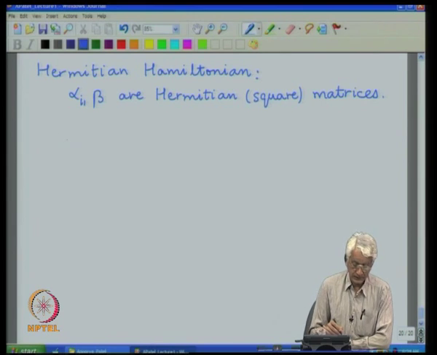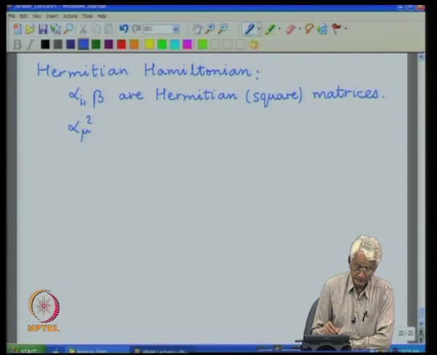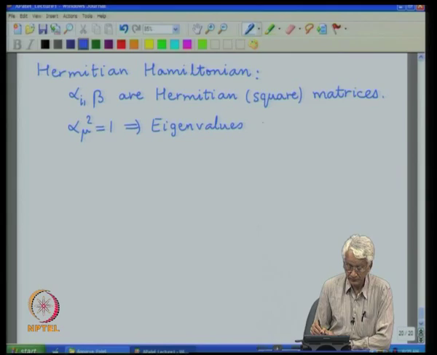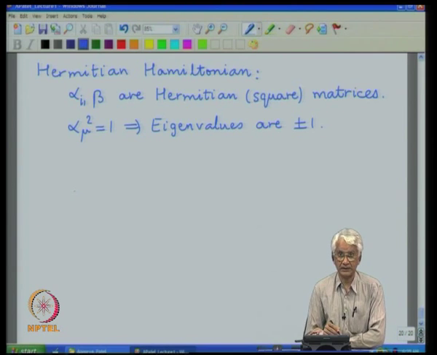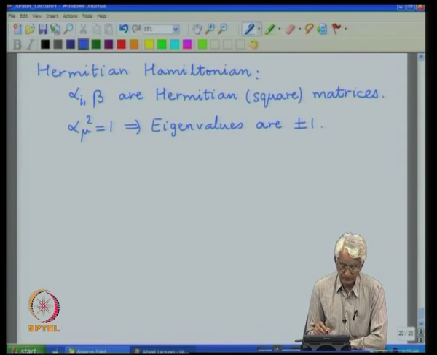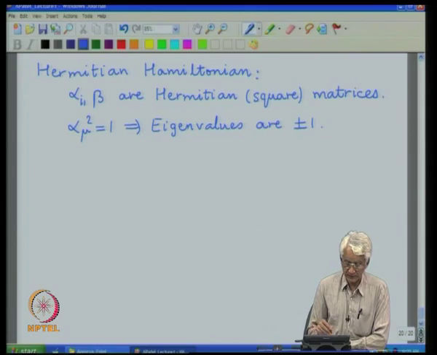Not only that, the square of the matrix is equal to identity, which means that the eigenvalues are either plus 1 or minus 1. Hermitian matrix just means the eigenvalues are real, but this explicitly fixes the magnitude.